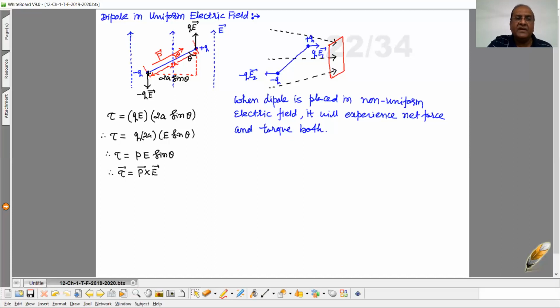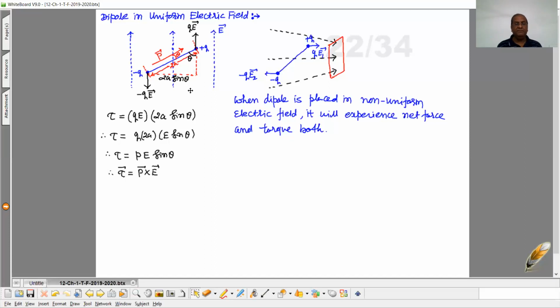the distance between these two charges is represented as 2a. Now this angle is theta, so this one is also theta. So perpendicular distance between these two forces is given by 2a sine theta.